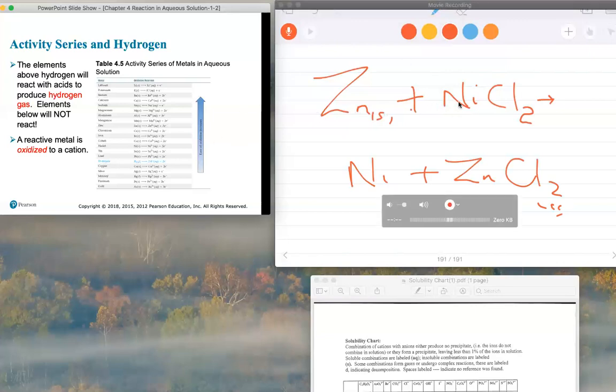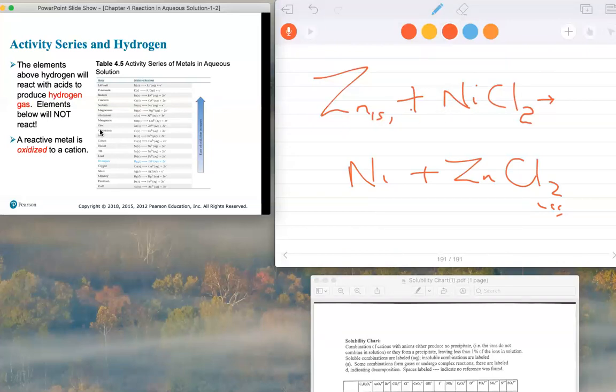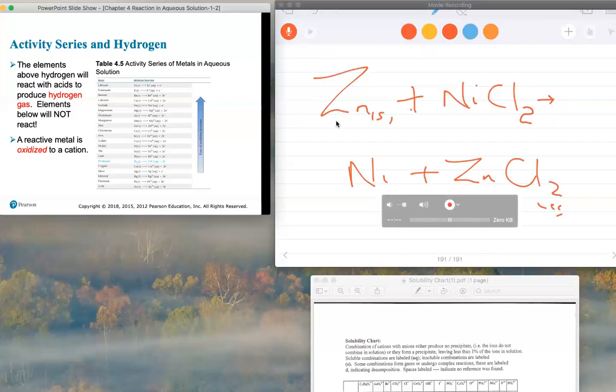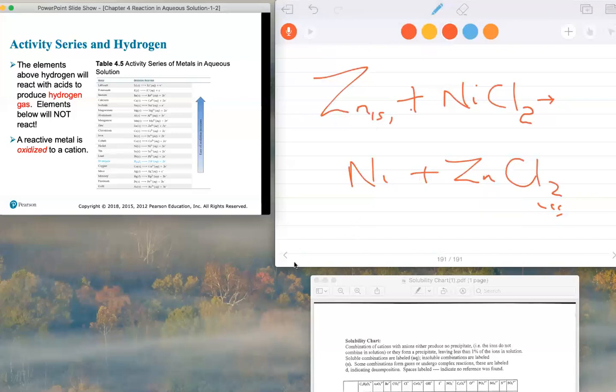I'm looking at the two, zinc and nickel. If zinc is above nickel on the activity series, then single replacement will take place. And it happened that zinc is above nickel, so it's more reactive, and the reaction will take place, and you write the product, balance the equation, and it turns out to be that.